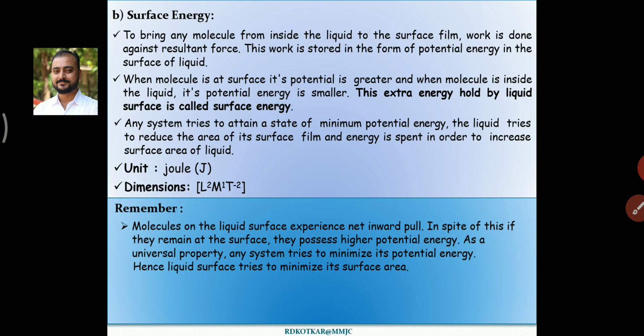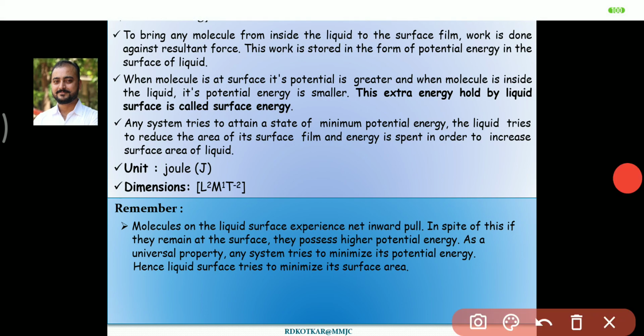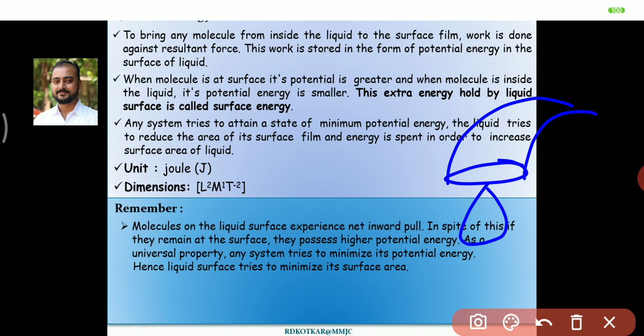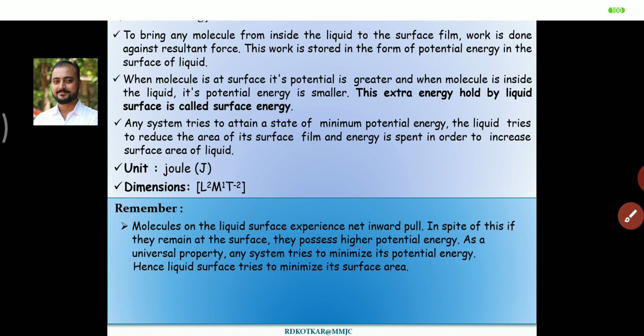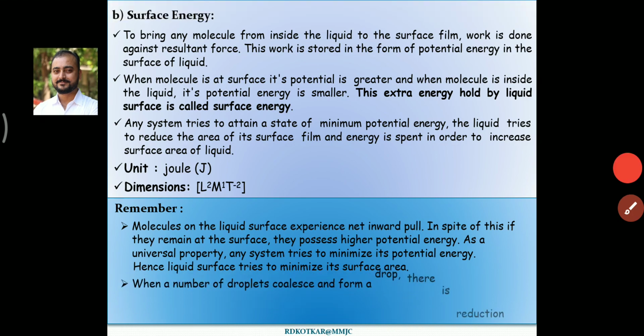That's the reason for the spherical nature of a liquid drop while falling as rain, as well as water falling from a tap. Everyone knows that a tap gives a spherical drop like this. So all these are phenomena related to surface tension.